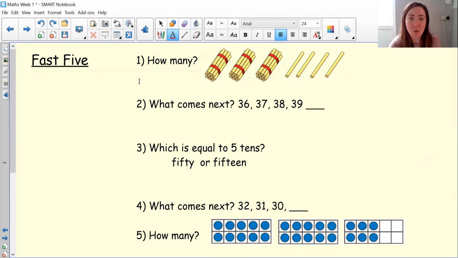Okay, so question number 1, how many? So count the straws. How many are there? Number 2, what comes next? So look at the sequence and work out which number goes here. Then question 3, which is equal to 5 tens, 50 or 15?